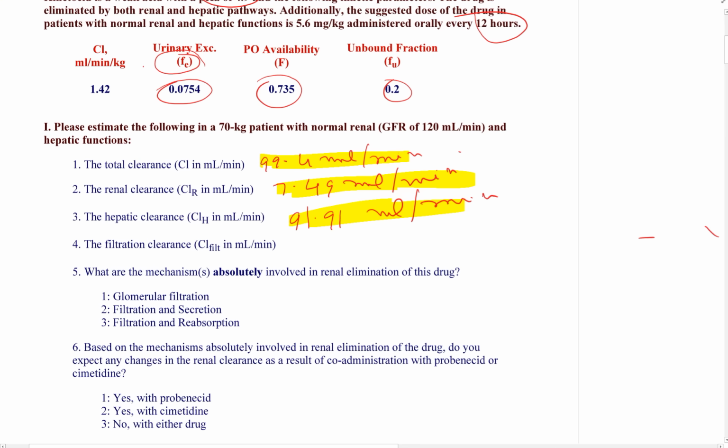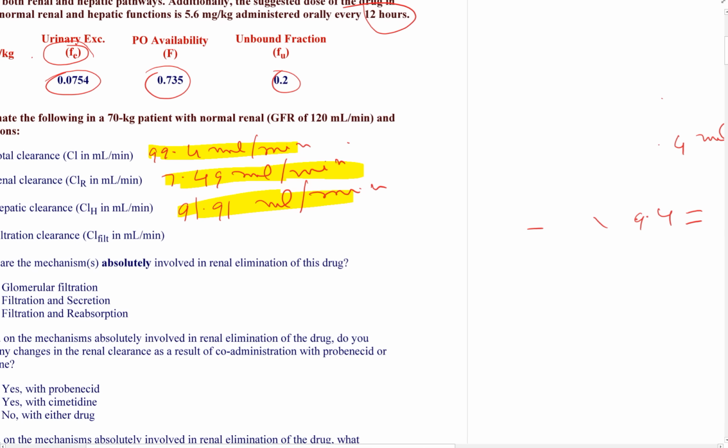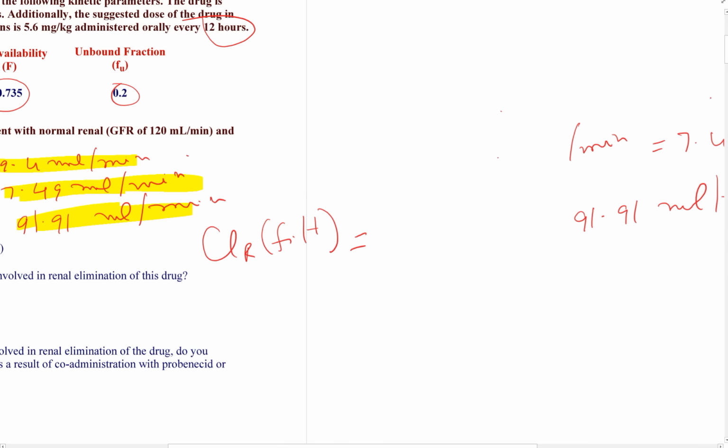And then filtration clearance. That's the equation I have been talking about in the class. Filtration clearance is equal to Fu times GFR.